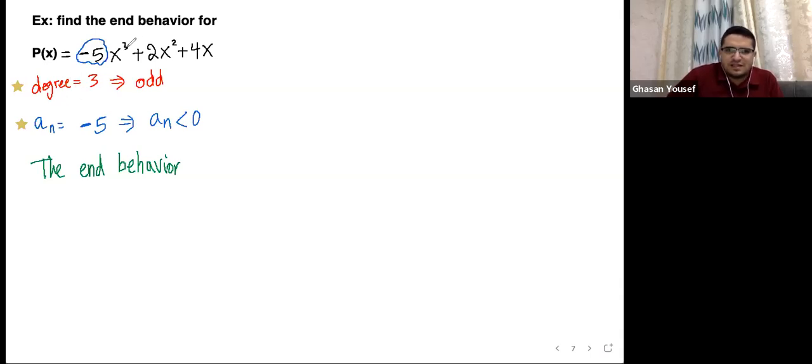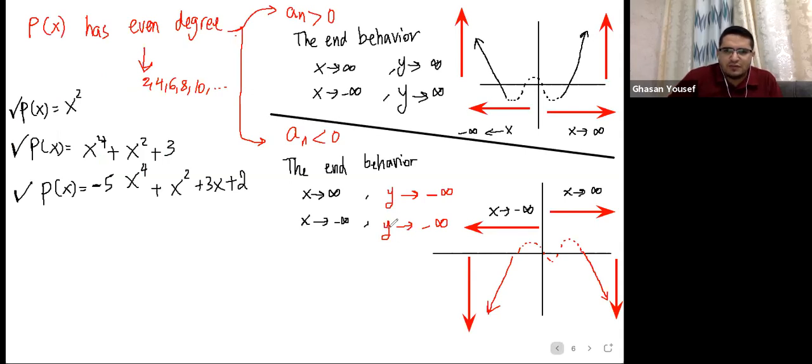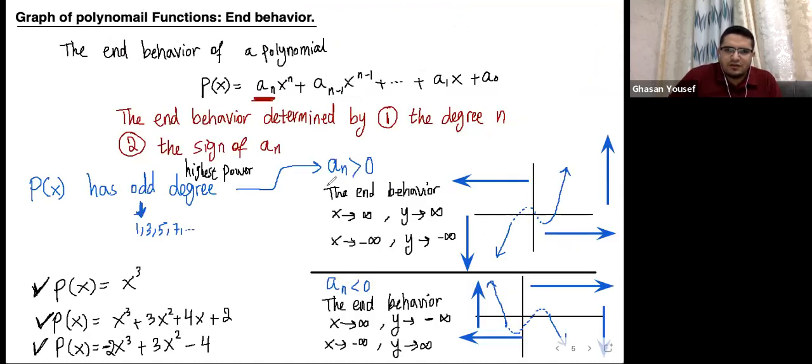So the degree is 3. The a of n is less than 0. So you have to use the rule. Which rule is that? You have to go back to the rules. We have 1, 2, 3, and 4. So we have odd. The odd has two cases. This is the first case, this is the second case. The second one, less than 0, is what I need.